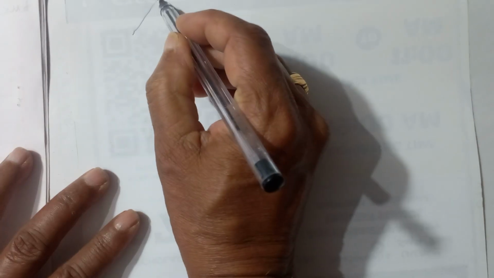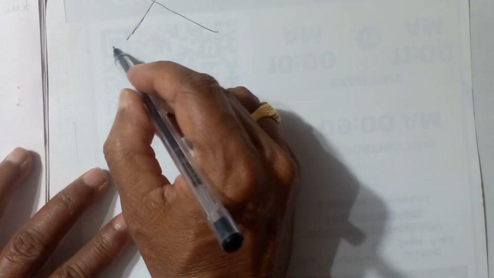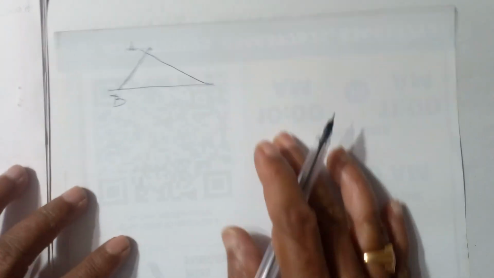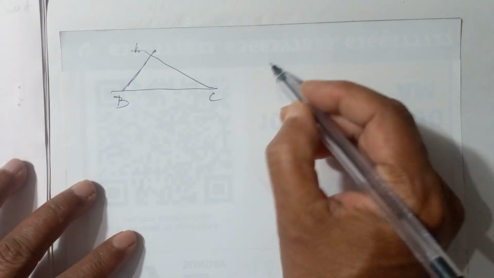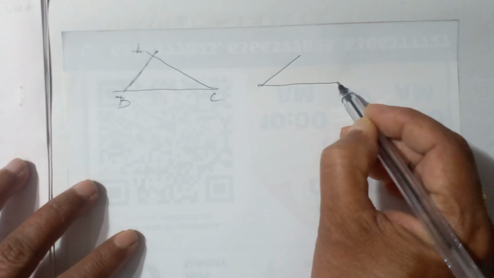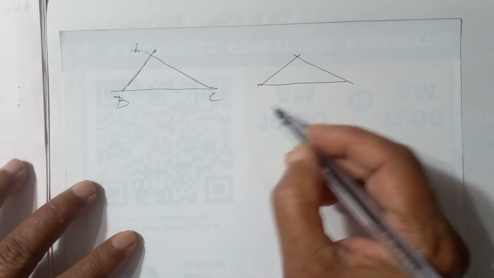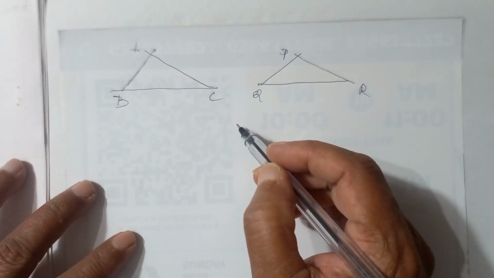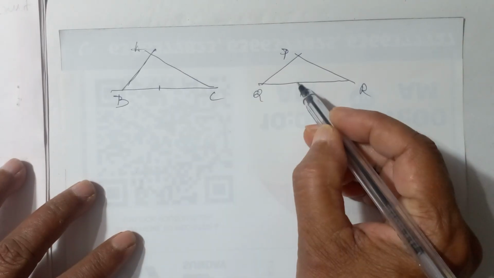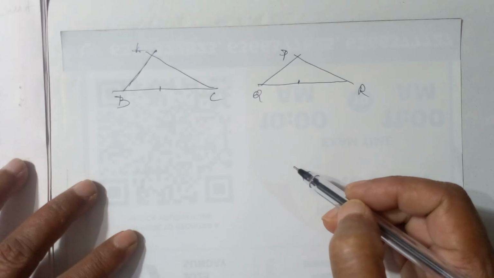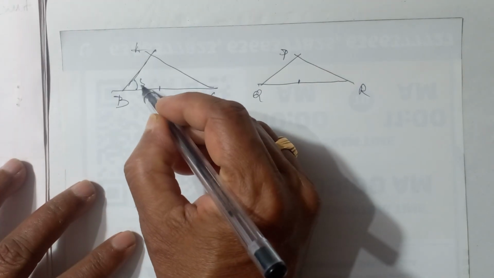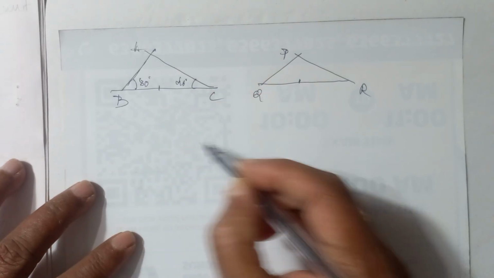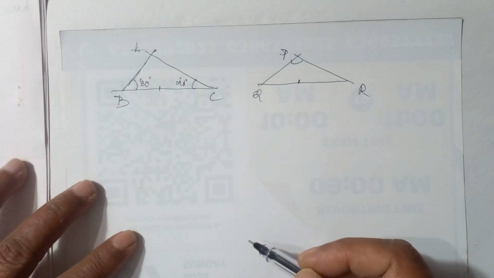First triangle, that is A, B, C. Another triangle, that is P, Q, R. In the question only BC and QR are given as the corresponding sides. Angle B is given 80 degree. Angle C is given 40 degree. The question asks what is the angle P.